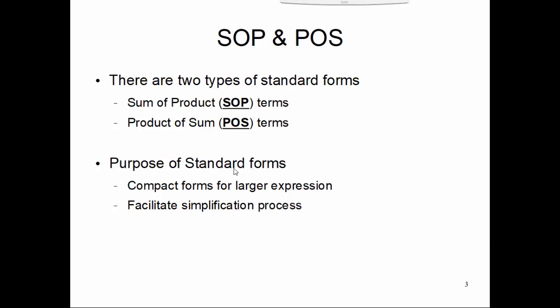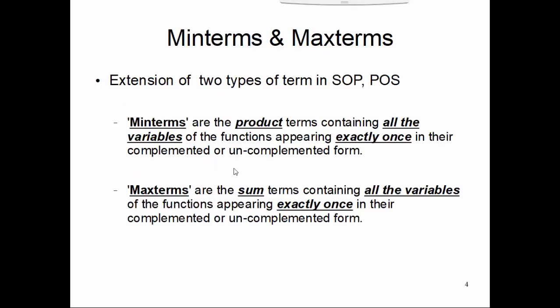So very often, in very large problems, the number of variables can be in the order of hundreds or thousands, and in that case the number of terms in the expression can be huge. So we want to have some standard notation so that we can represent the function in expression form in a very compact way. How do we do it?